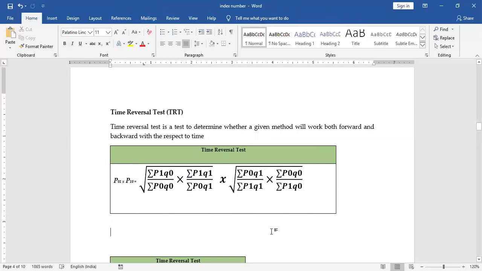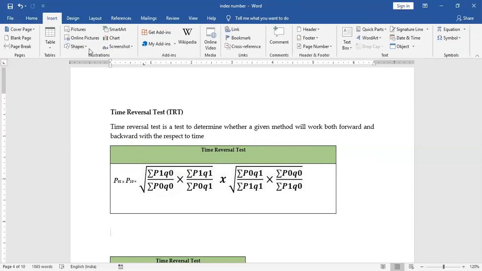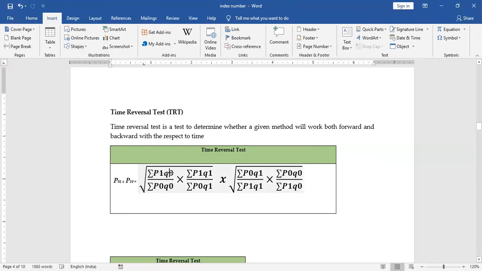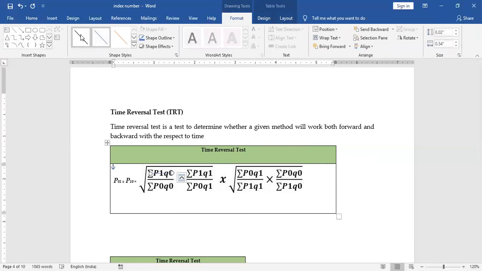And the beauty of this is all the given factors can be cancelled. Numerator and denominator can be cancelled. See, P1 Q0 can be cancelled here. P1 Q0 I'll be cancelling here, and P1 Q0 once again.